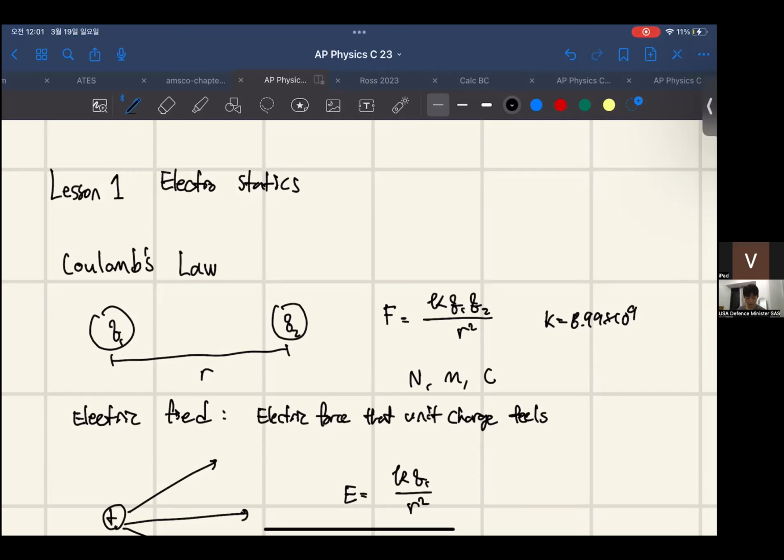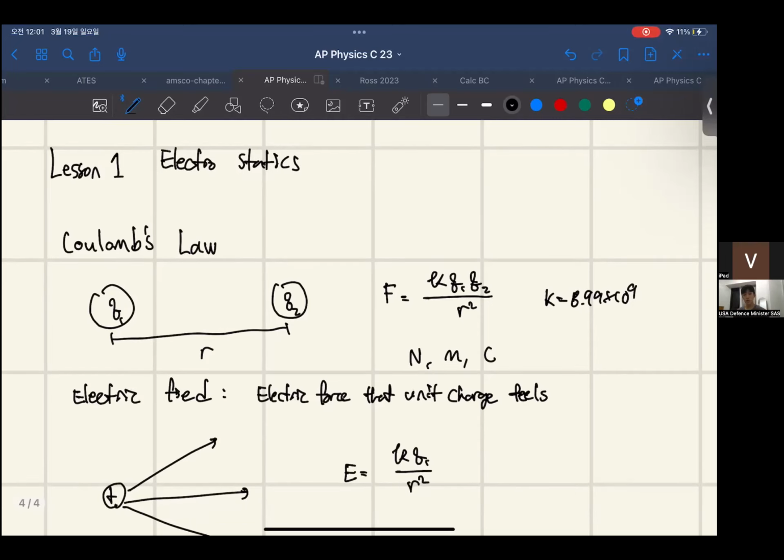Lesson 1, electrostatics. So of course, we need to know Coulomb's law. Coulomb's law is that if you have two charges, Q1 and Q2, and the distance between the two charges is R, then there is an electric force between the two charges, and that force can be calculated with the formula F = kQ1Q2/R².